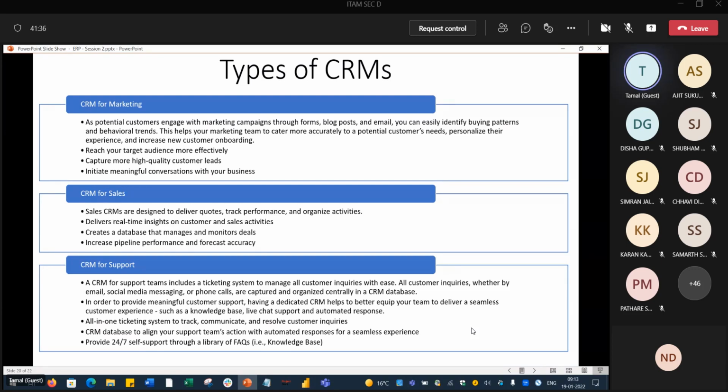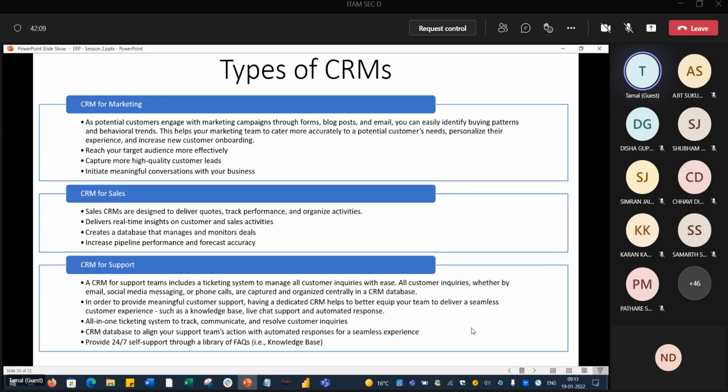Right now, these marketing and sales CRMs have been integrated. All the CRM vendors, especially Salesforce, are providing their tools for marketing and sales. Another thing is CRM for support. If your mobile phone is not working, if your dongle is not working, or you need to change a laptop battery, you call the support, right?